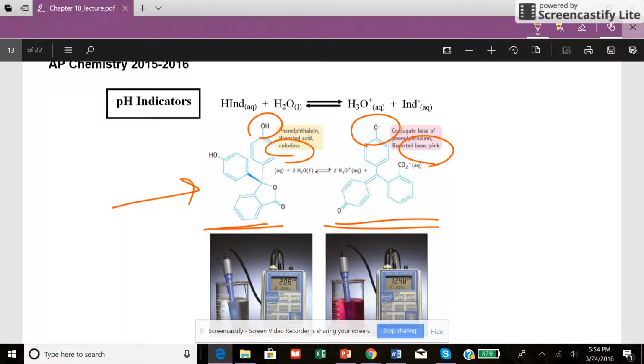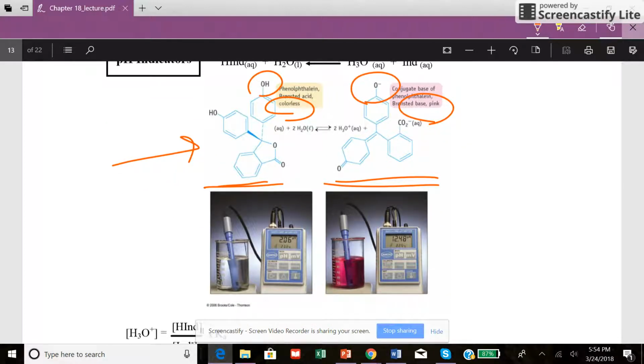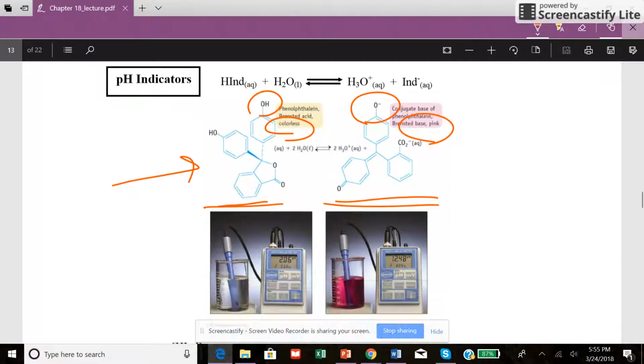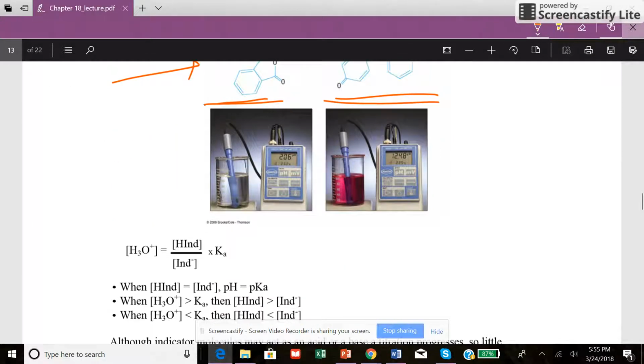Now, when you want to pick the indicator for the reaction, you want to make sure that the concentrations of the acid and its conjugate base form are equal.